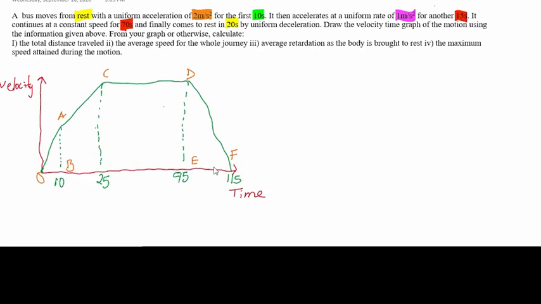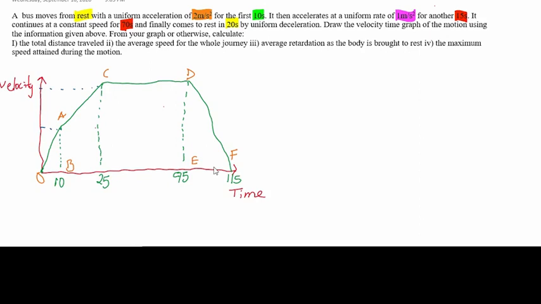The first thing we can do here is to get the velocities of our motion at each point. At point A, what is the velocity attained by the motion? And also at point C, what is the velocity attained by the bus?